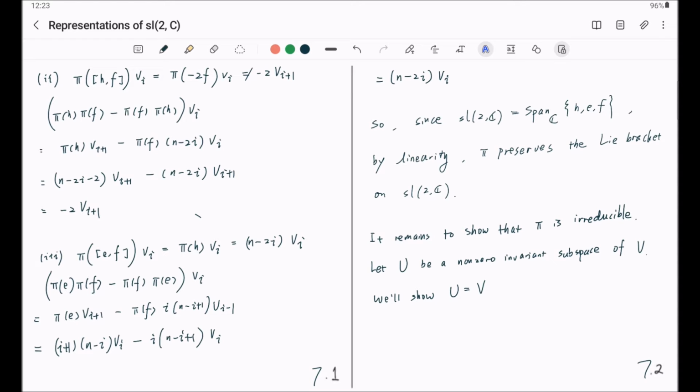The idea of the proof is the following. First, we prove this claim.